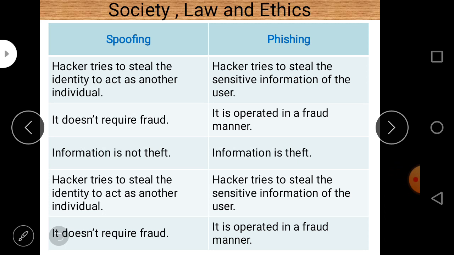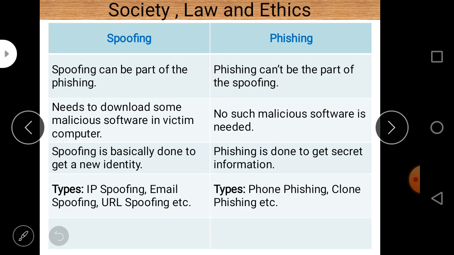And in phishing, hackers try to steal the sensitive information of the user, and in spoofing, hackers try to steal the identity to act as another individual. In phishing, it is operated in a fraudulent manner, and in spoofing, it does not require any fraud. Next, phishing cannot be a part of spoofing, and spoofing can be a part of phishing. So that is the basic difference between spoofing and phishing.